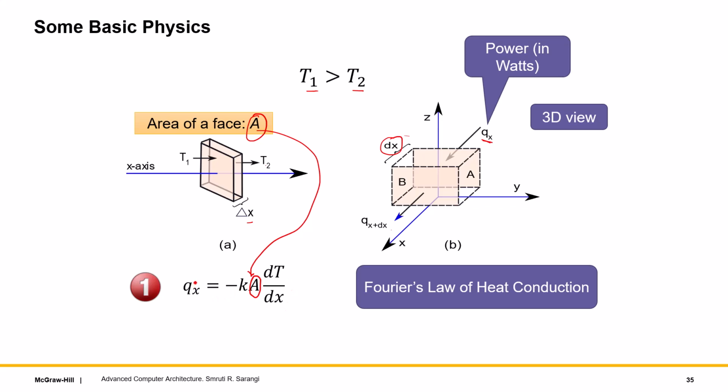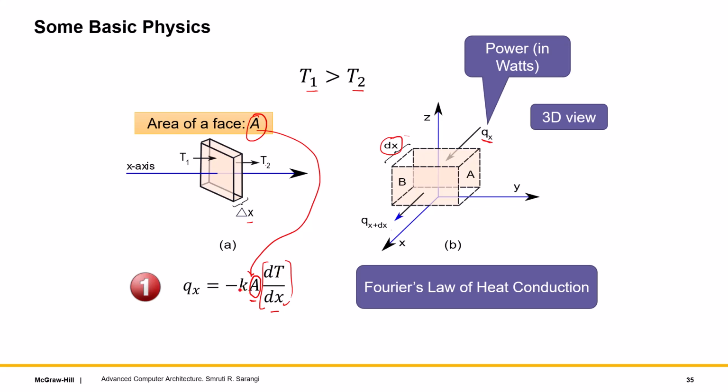So what it says is that the derivative of the temperature across these faces, dT by dx, is the temperature derivative and this is the area. So you multiply the area with the temperature derivative. This is in a sense proportional to the heat coming in, and the constant of proportionality is negative.